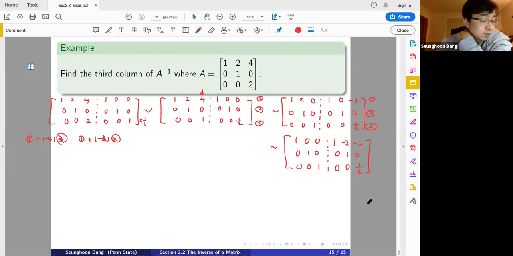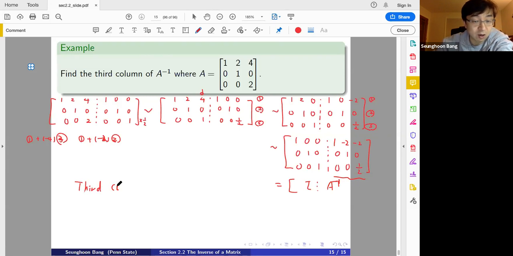So we have it. So what is the answer? The third column. This is exactly the I and inverse form. This is the inverse matrix. What about the third column?